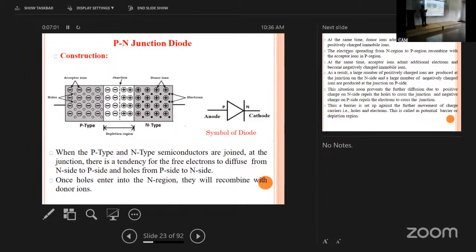This contact surface is called the junction, the PN junction diode. Now, what P means, what N means, what a PN junction diode is, I just explained. Now, if I connect this PN junction diode in forward bias mode, what happens? If I connect it in reverse bias mode, what happens?